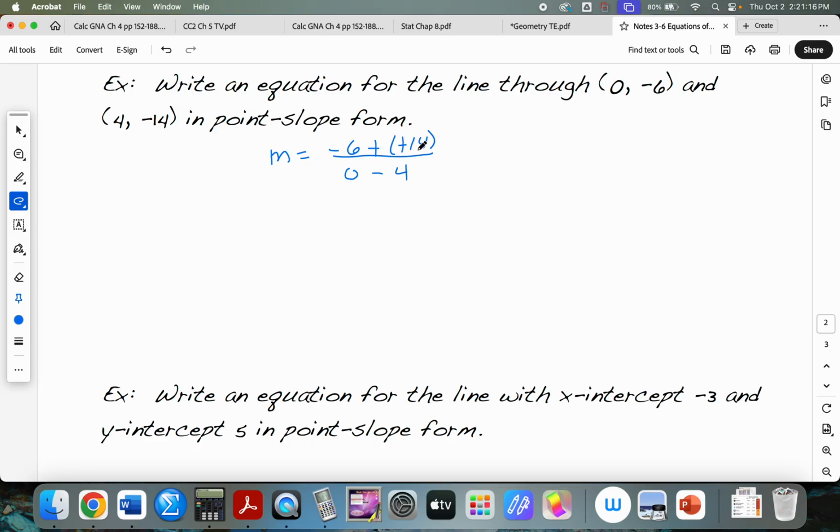Remember, this becomes plus a positive. -6 plus 14, they're opposite signs, so we subtract and keep the sign of the larger numeral. 14 minus 6 is 8. There's more positive than negative, so that's 8. And 0 minus 4 is -4. For equations, I usually just write it as a whole number.